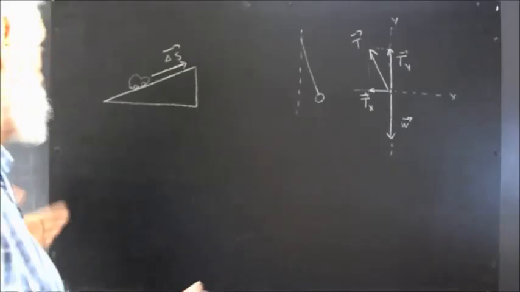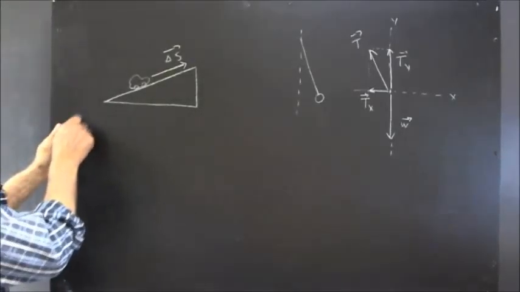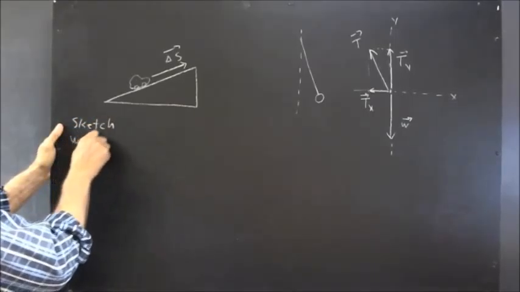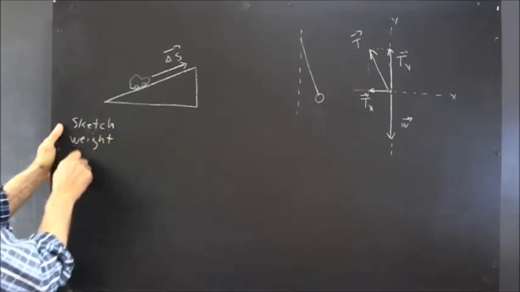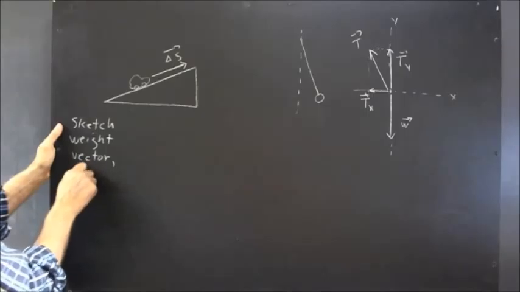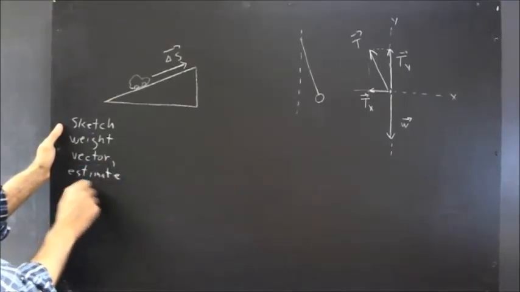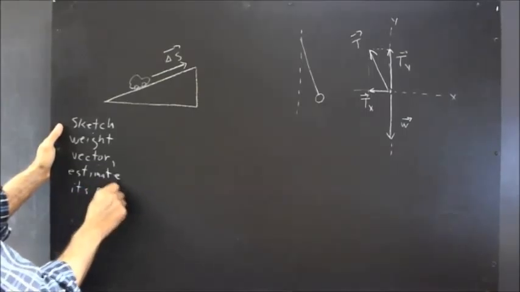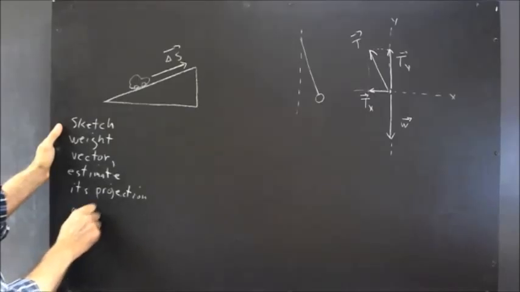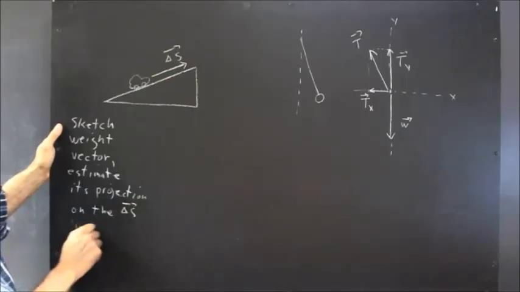Now, what I want you to do is sketch the weight vector. Estimate its projection on the delta S vector.